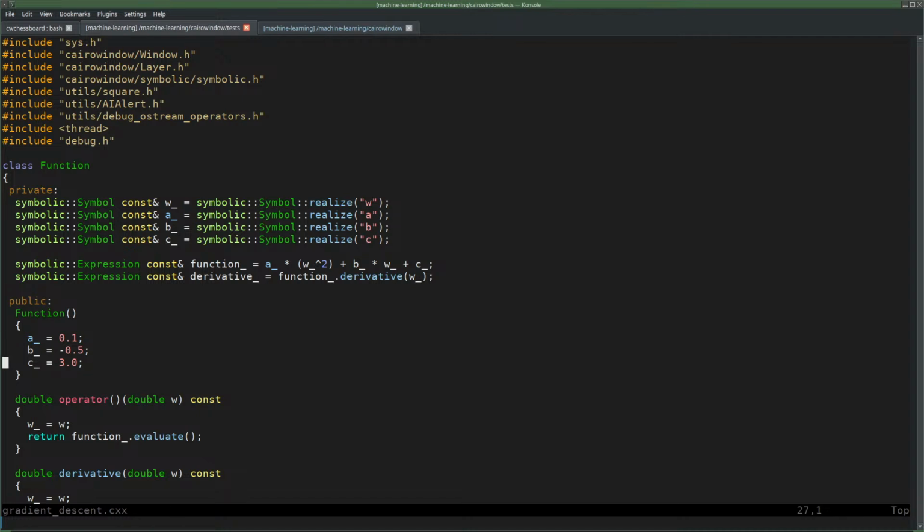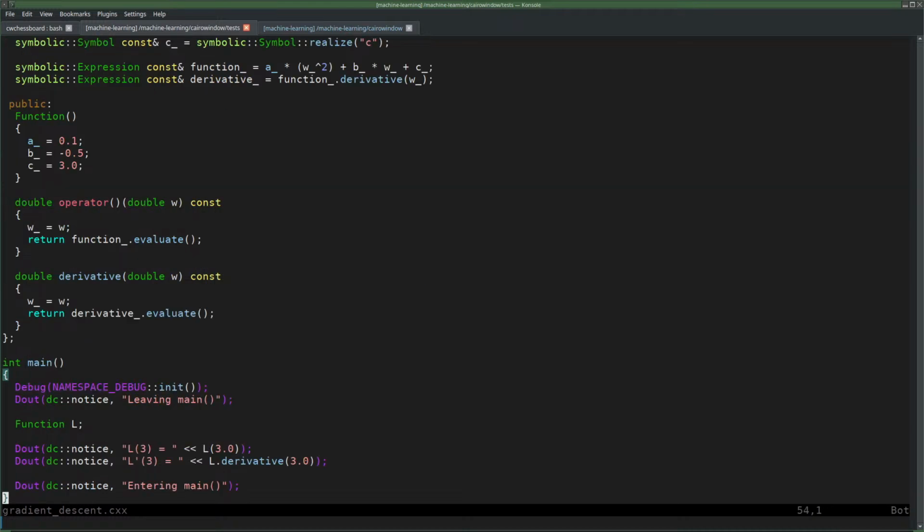Now we want to draw this as a function. I still don't have function support, so I'm just going to make an array with a lot of values and then draw that as lines.